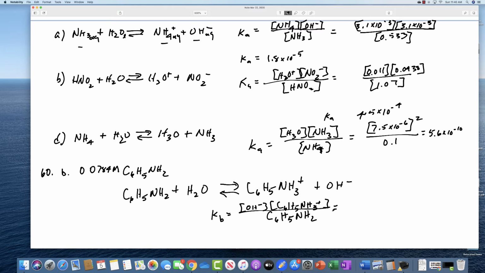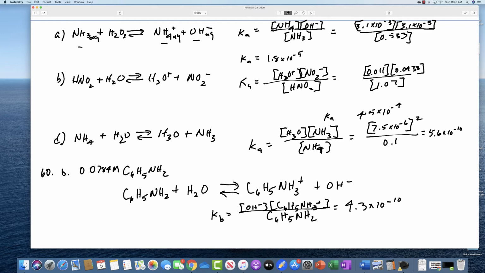And I think it's the fourth one down in the table. It's the one that is called phenylamine or aniline. And the Kb for that is 4.3 times 10 to the minus 10.